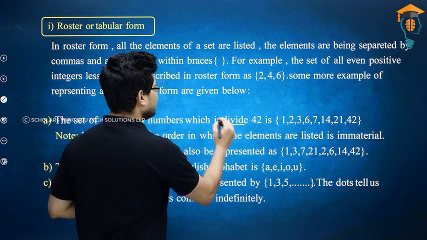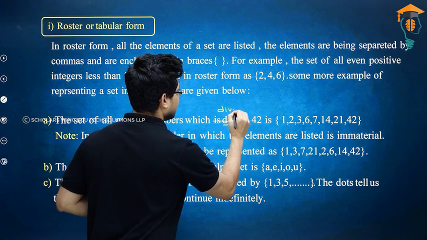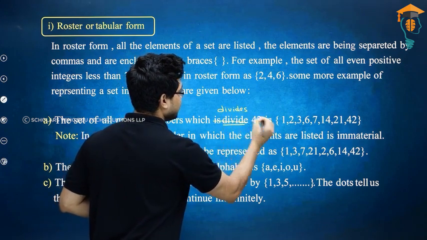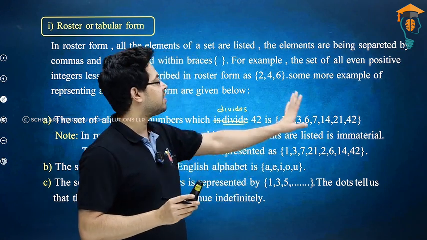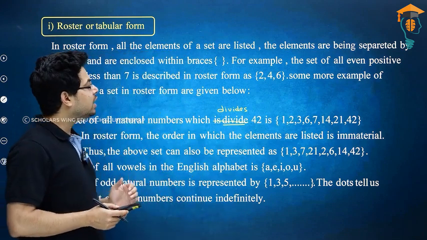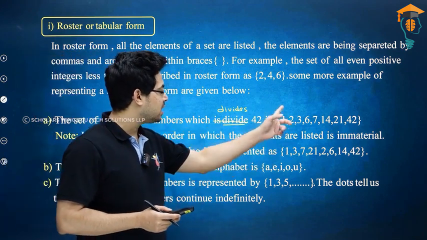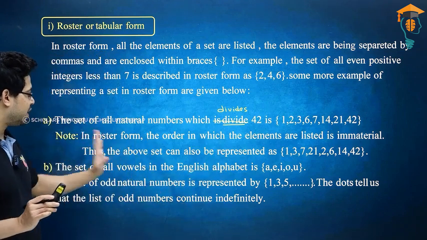Not divisible by 42, which divides 42. So of course there will be factors of 42, which are 1, 2, 3, 6, 7, 14, 21 and 42 itself. Now again you can write them down in any order. That is what they are mentioning over here. Same thing they have written over here.